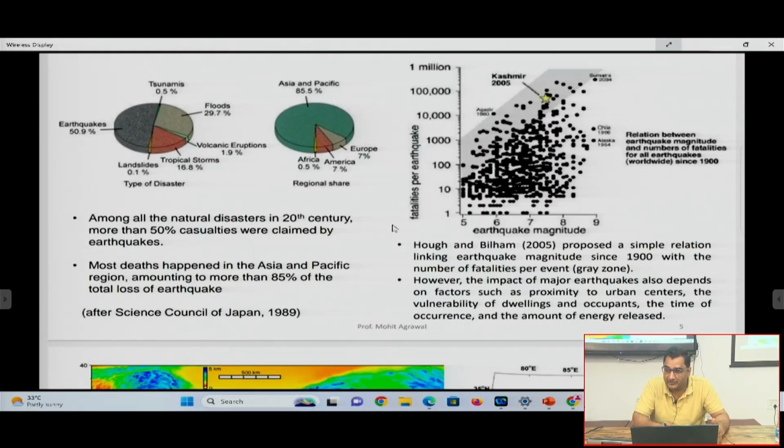Even though the magnitude was high, these earthquakes happened in the less populated area. Likewise, for the most recent earthquake of Kamchatka, the population in the Kamchatka region was very less, because of which you do not see a lot of casualties during that magnitude 9 earthquake.